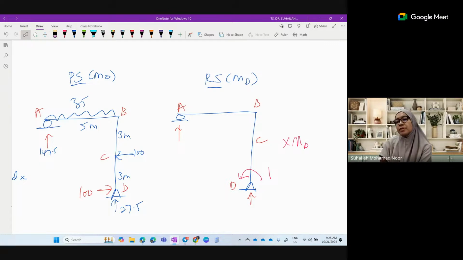Lepas tu 35 times 5 minus 147.5 dapat 27.5. Okay, what about AY for redundant structure?